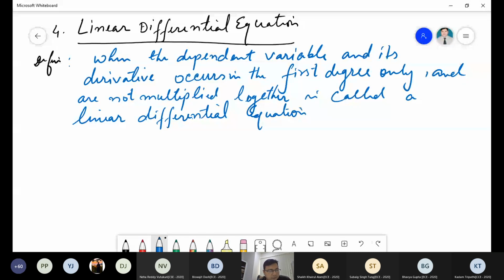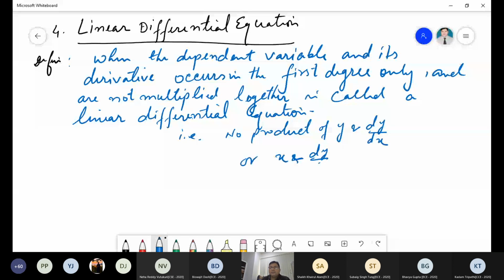Linear differential equations. So no product of y, that means what? No product of y and dy by dx, or x and dx by dy.